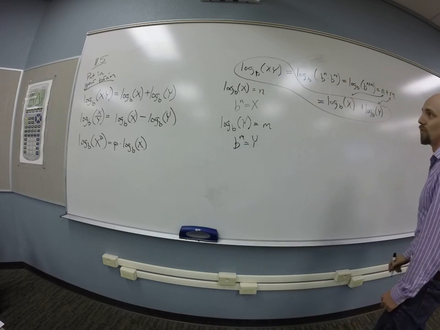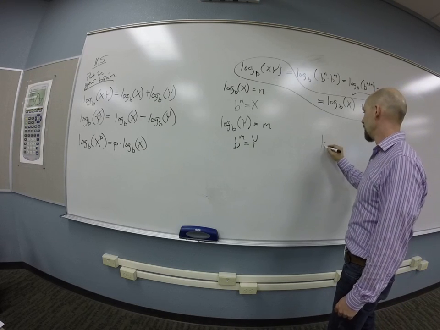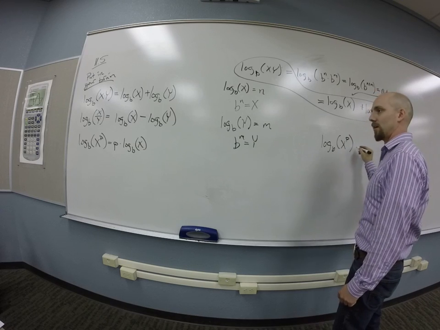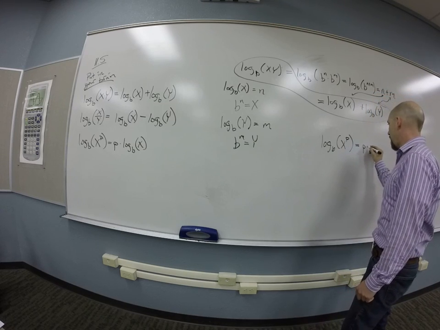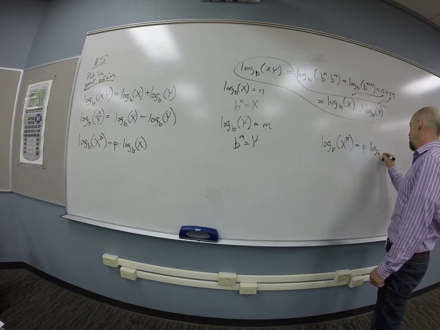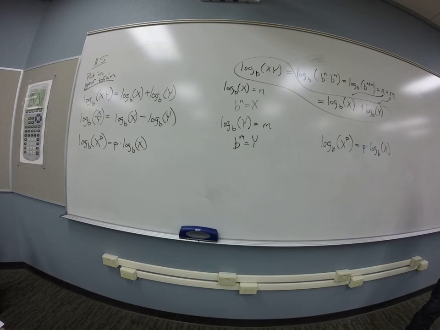Okay, so the third one, we're doing log base b of x to a power p is p times log base b of x. We're trying to show this.